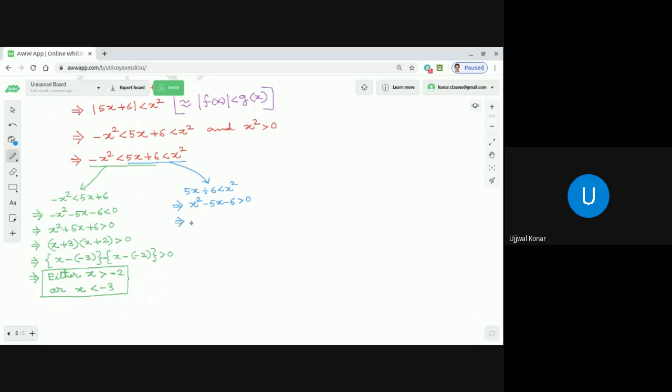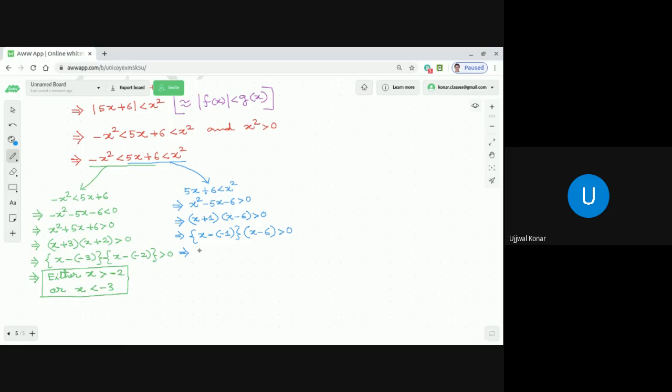You can do middle term factorization. You will get x plus 1 into x minus 6 is greater than 0. I am not doing the middle term factorization here because this is not a class to learn middle term factorization, right? So that implies we should express it in terms of x minus of minus 1 into x minus 6 is greater than 0.